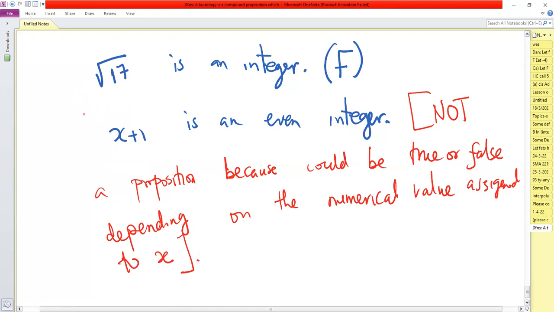Like if I put here 1, it's true that 1 plus 1 is 2, it's an even integer. But if I put here 2, then I'll get 3. So it's not true.